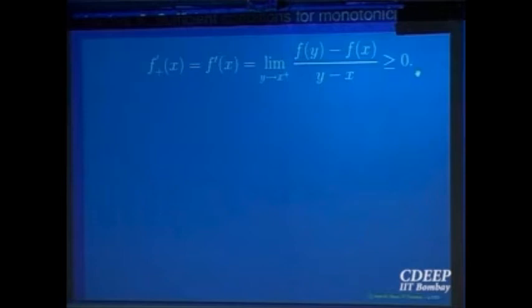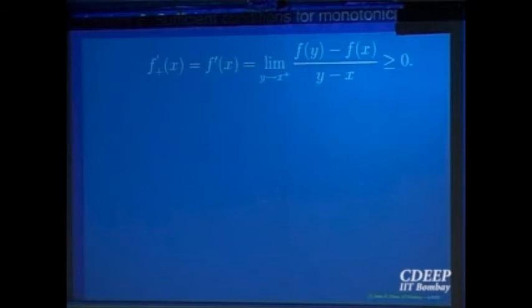So we are looking at the property that if a function has non-negative values, the limit also is non-negative. By monotonicity, this is always non-negative for y bigger than x by the given property. So the limit must be bigger than or equal to 0, which is the derivative of the function at that point. So monotonicity of the function implies that the derivative is bigger than or equal to 0.